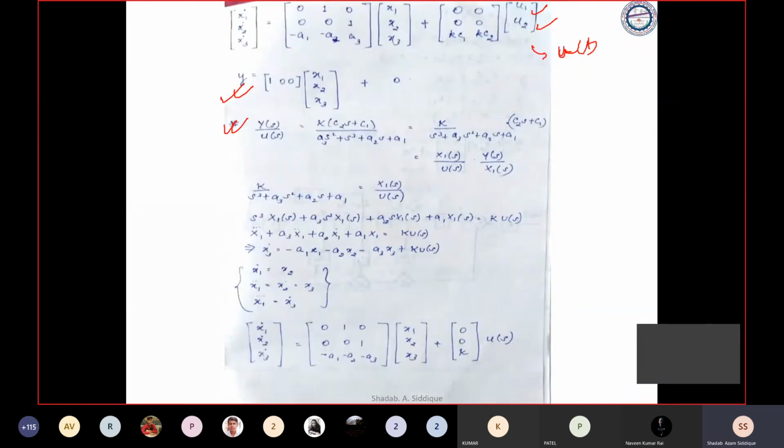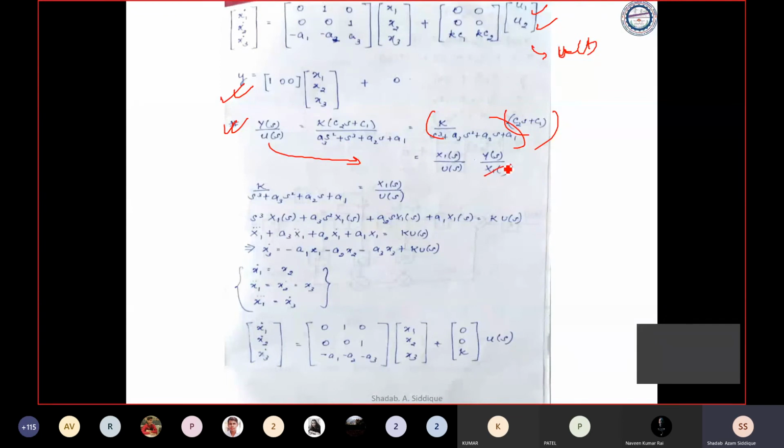Okay, so I'll try to check another type of method which can be used for this type of problem. We have y of s divided by u of s, which is equal to this one. This is basically represented as two sets of equations, or two multiplications. So y of s can be split in two parts, that is x1 by u and y by x1.